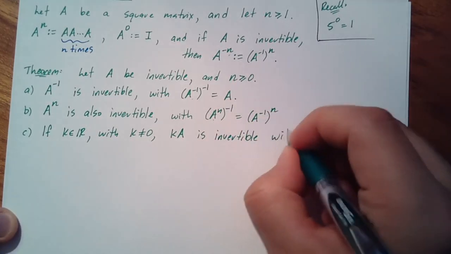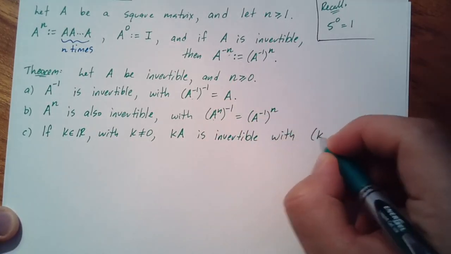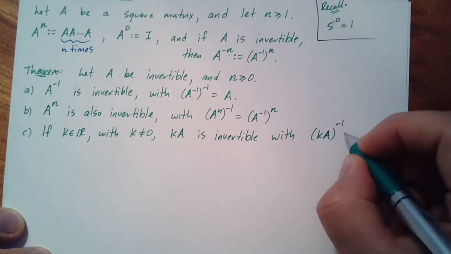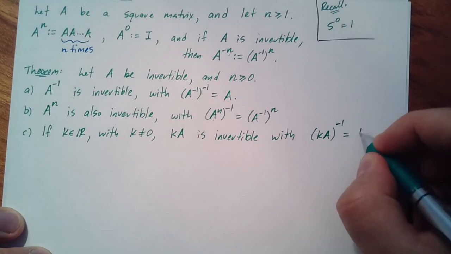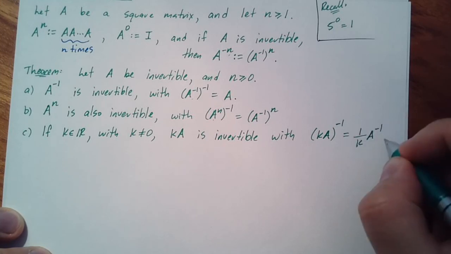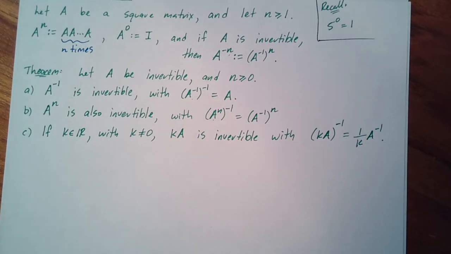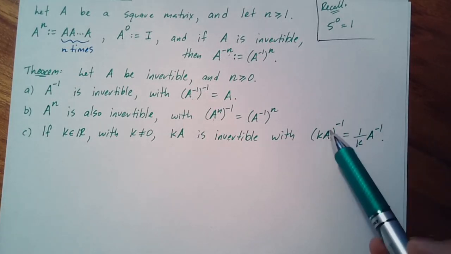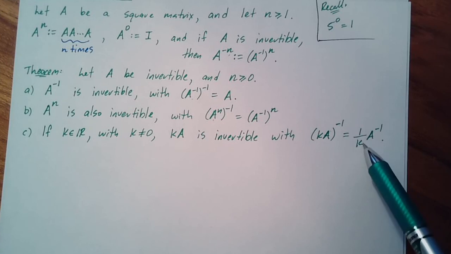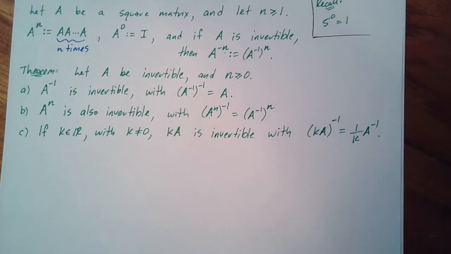Well, the inverse of k multiplied by the matrix A turns out that if you take 1 over k times A inverse, it'll do the job. So if you want the inverse of a scalar multiple, just take the inverse of the underlying matrix, and then instead of multiplying it by the original scalar multiple, multiply it by its reciprocal, 1 over whatever that multiple was.